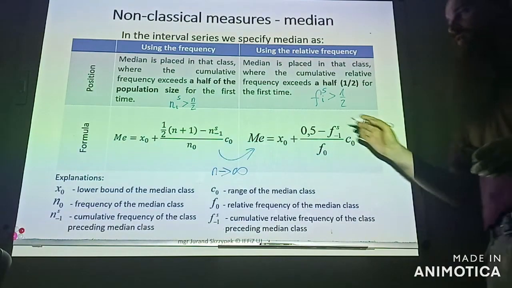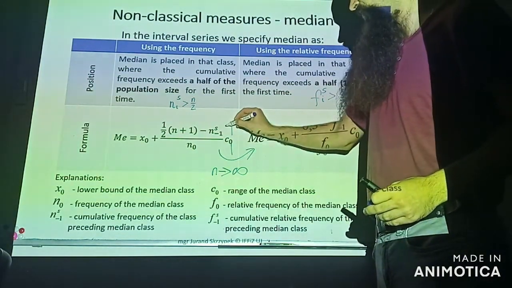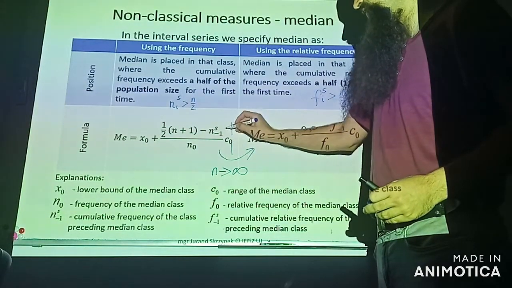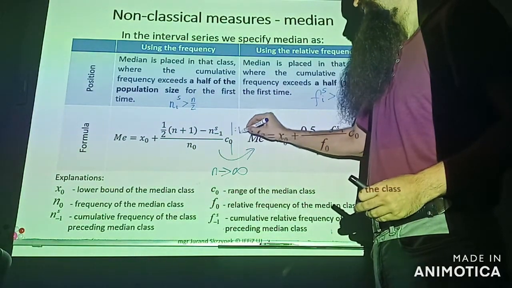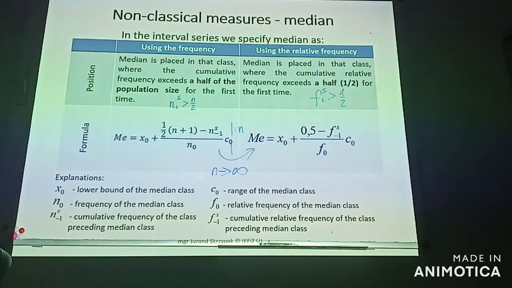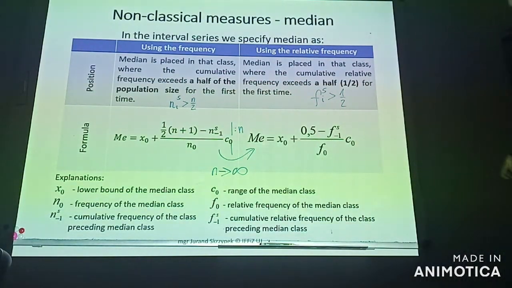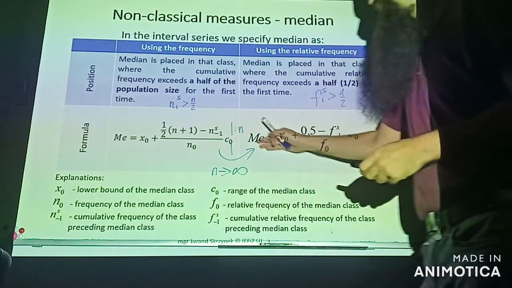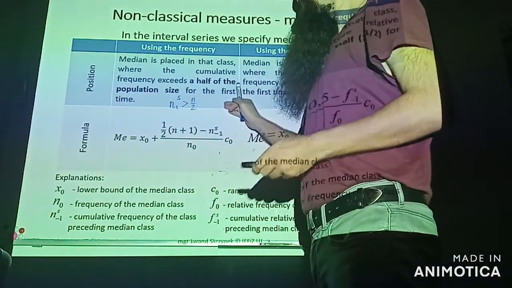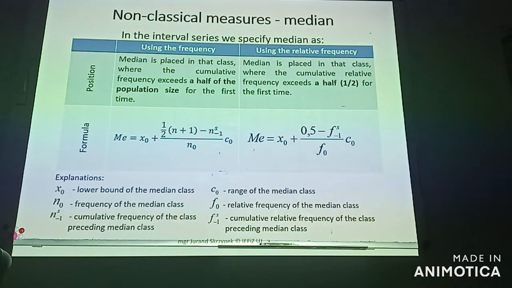Yeah, we can prove that: divide the numerator and denominator by n, and n approaches the infinity, and we will receive this kind of formula. All right, we can move on to the next slide.